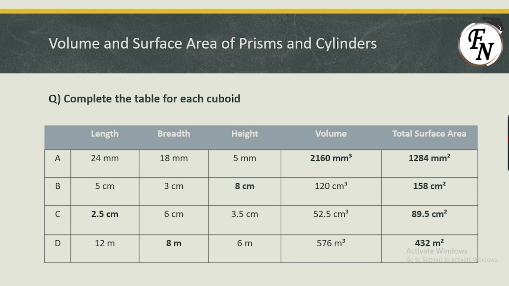So this is an important thing that you should remember: whichever thing is given to you, whether the volume or surface area, you will use that formula first to find the missing dimension, and then you will move to the next thing.